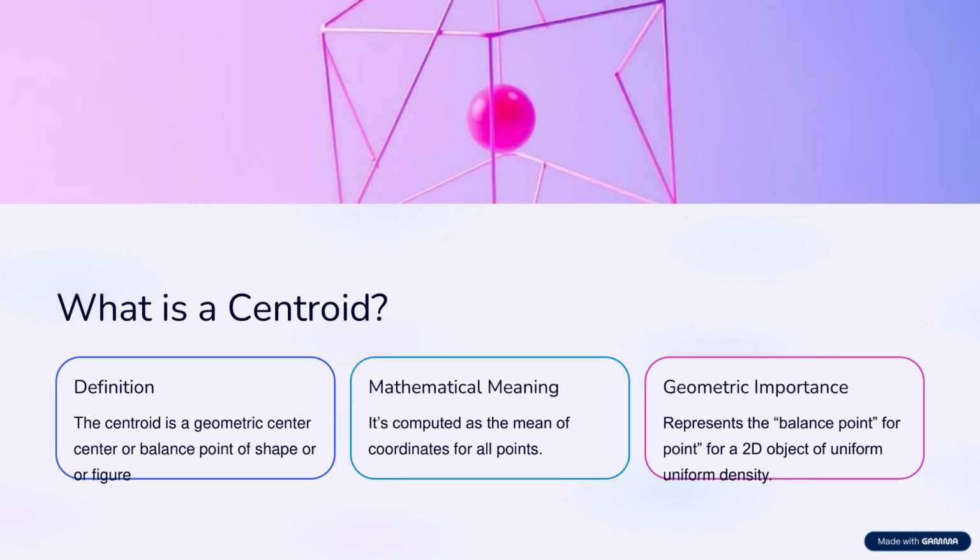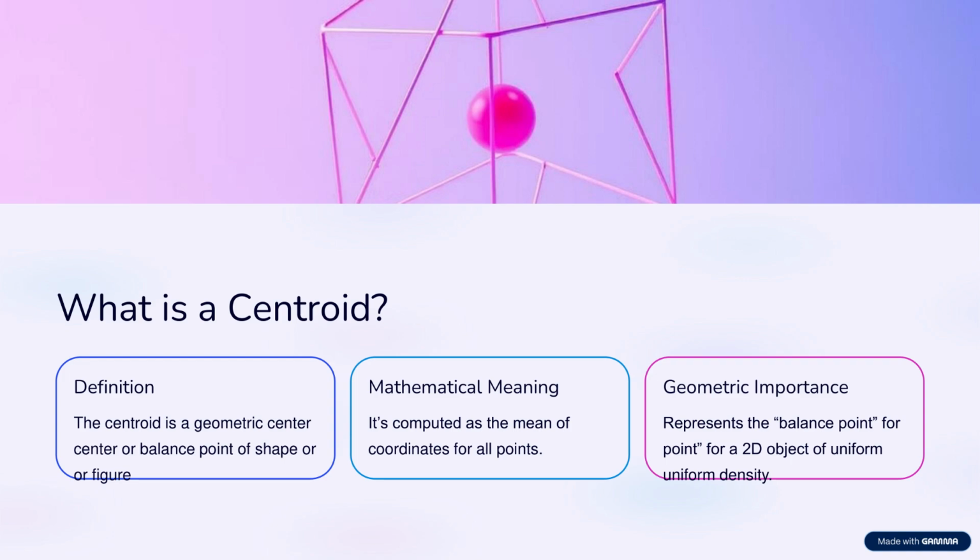What is centroid? Here the definition of the centroid is: the centroid is a geometric center or balance point of a shape or figure. Let me explain. The centroid is a point where a shape or figure balances perfectly. If it were made of solid material, it's like a center of mass of the shape.